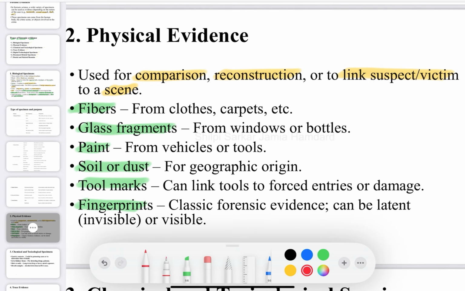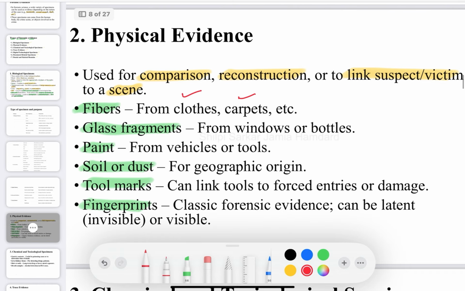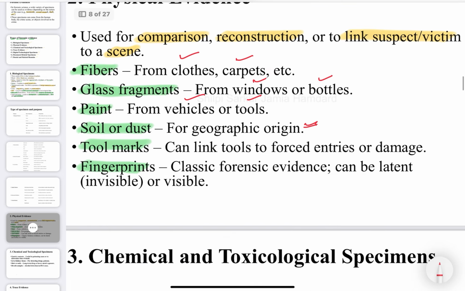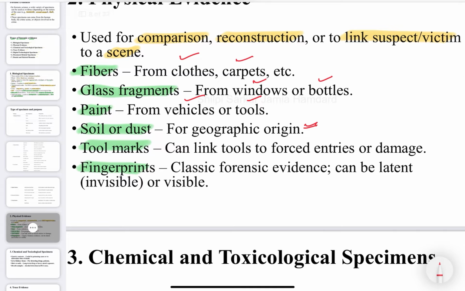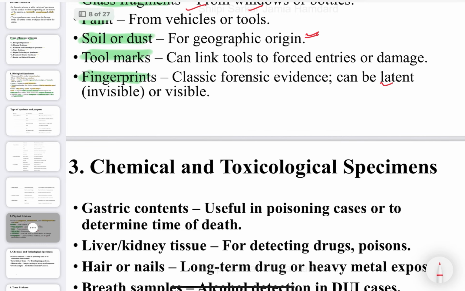Fibers can be gathered from clothes, carpets, etc. Glass fragments from windows or bottles, paints from vehicles or tools, soil or dust from geographical origin. Tool marks can link tools to forced entries or damage. Fingerprints are classical forensic evidence, which can be latent or visible.